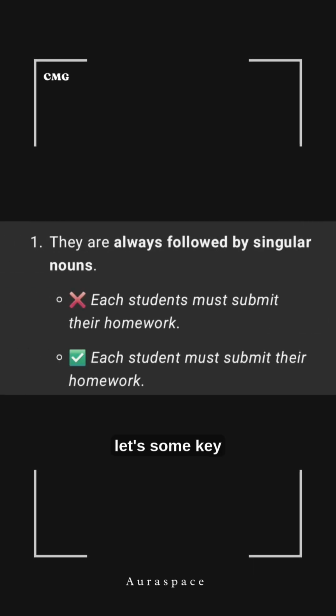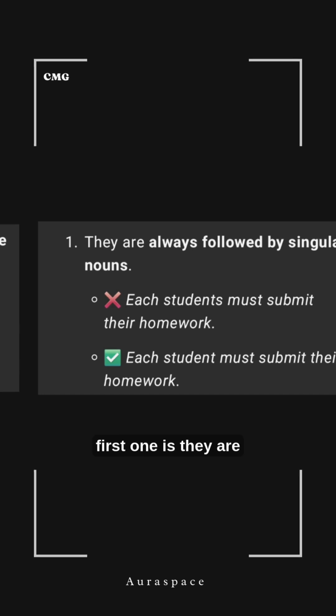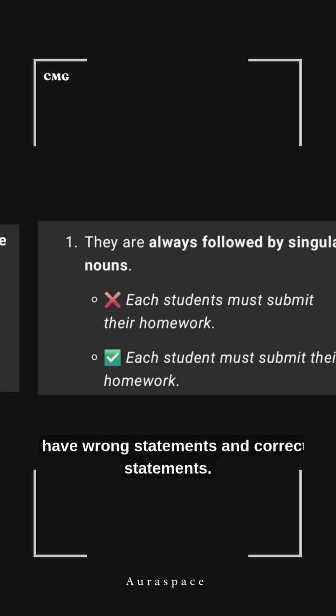Now, let's see some key rules for distributive adjectives. The first one is they are always followed by singular nouns. We have a wrong statement and a correct statement. This example can be subtle for a beginner, but don't worry, as we progress, we will explain further.